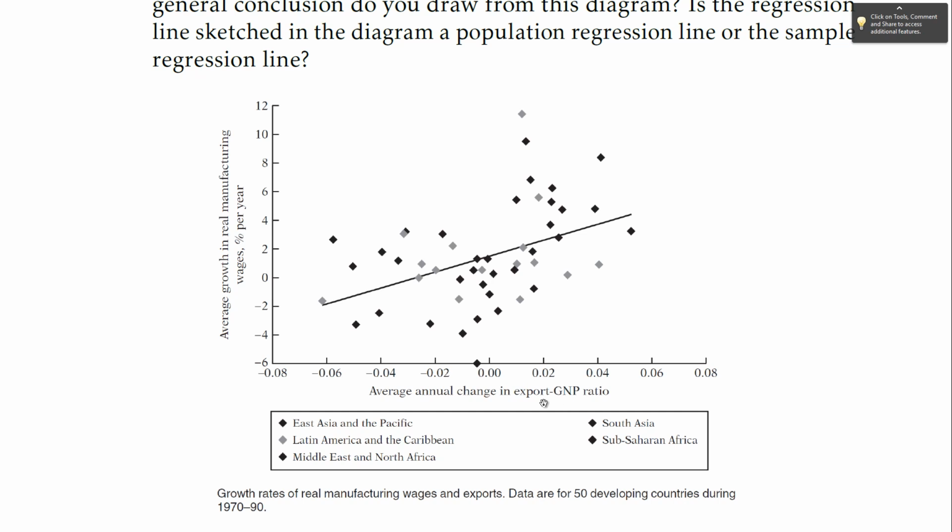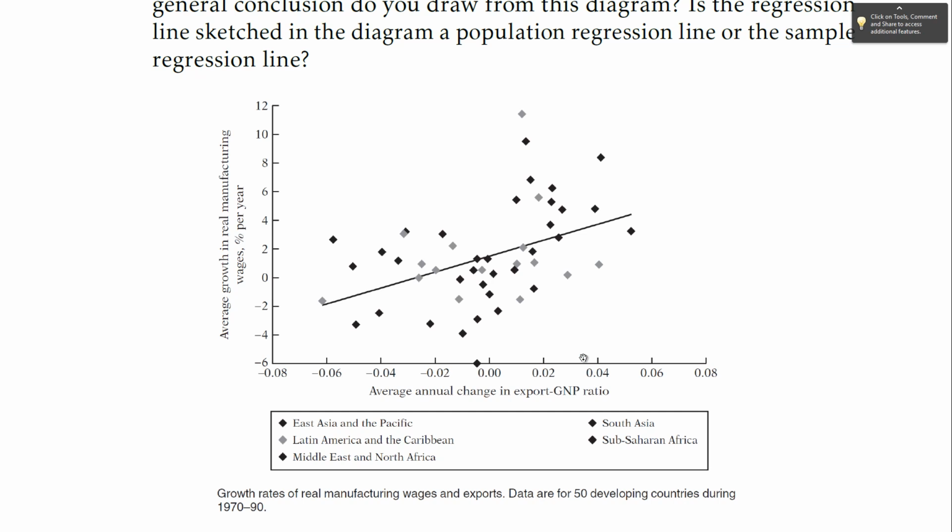Let's have a look. What does it mean? Export to GNP ratio. So that means the countries are trying to export more goods in terms of their national product. So for example, the gross national product of the country is $1 billion. The ratio of exports might be large, so the country produces something and places those goods to trade. It trades those goods outside.